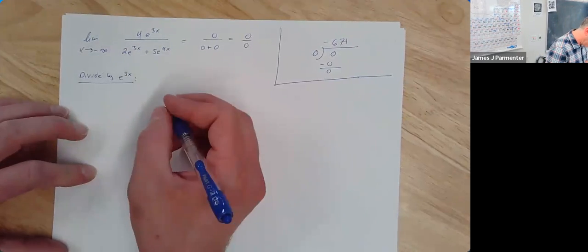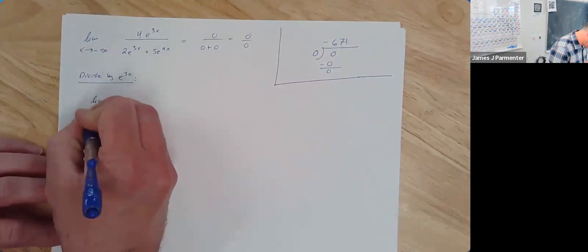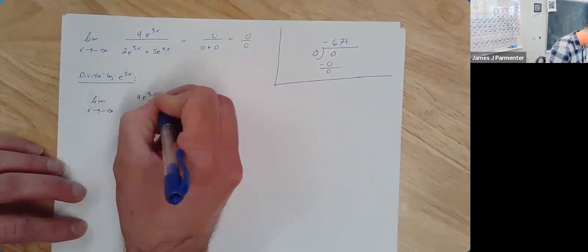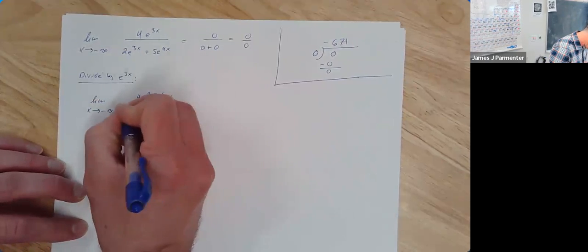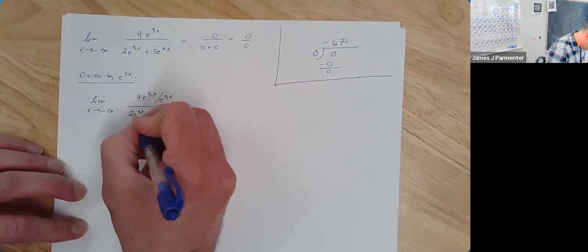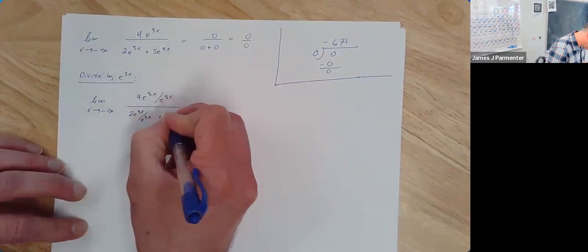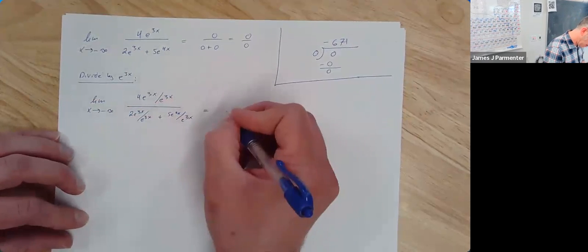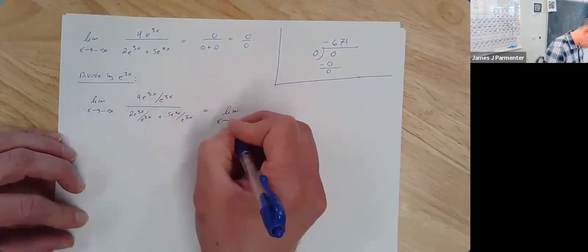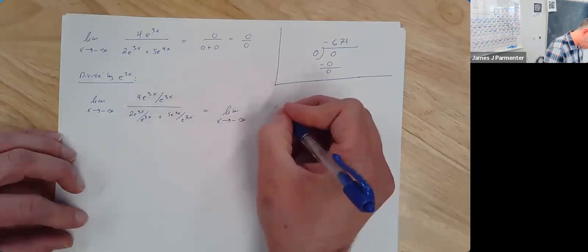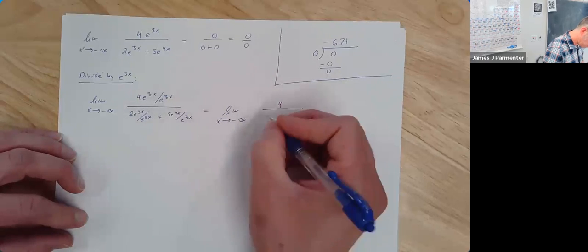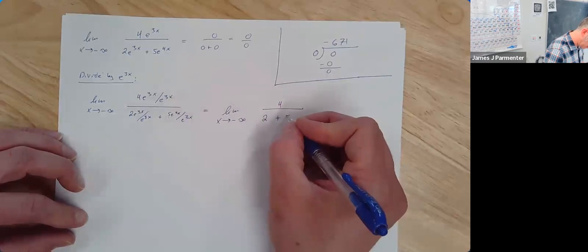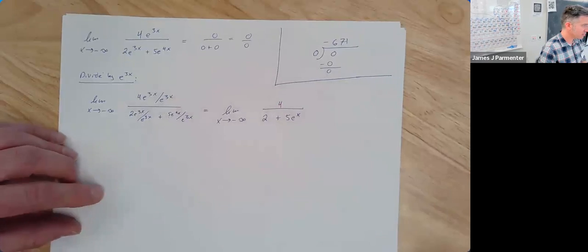So if I divide by e to the 3x, we're going to get the limit as x goes to minus infinity of 4e to the 3x over e to the 3x, over 2e to the 3x over e to the 3x plus 5e to the 4x over e to the 3x. And simplifying, the limit as x goes to minus infinity of 4 over 2 plus 5e to the 4x over e to the 3x, which is just 5e to the x.